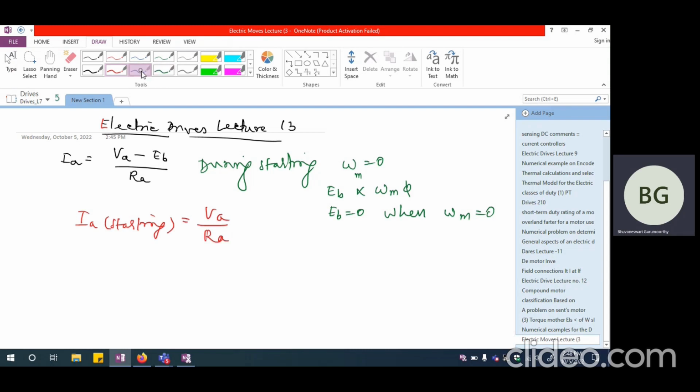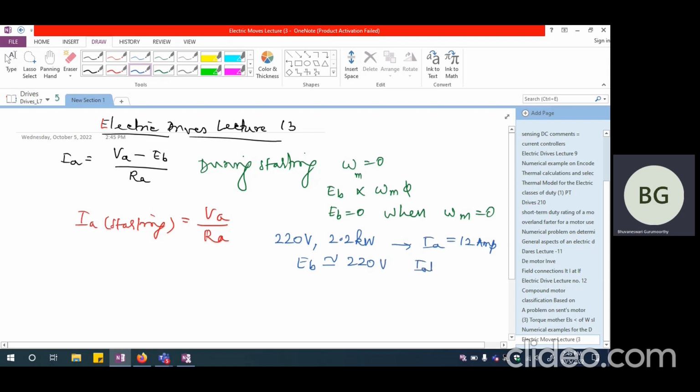If you look at a typical rating of a DC motor, what we use in India, most of them are working at 220 volts or 230 volts. For a 2.2 kilowatt motor, the rated armature current will be of the order of 11 or 12 ampere. Generally back EMF is going to be approximately equal to VA, which is 220 volts itself.